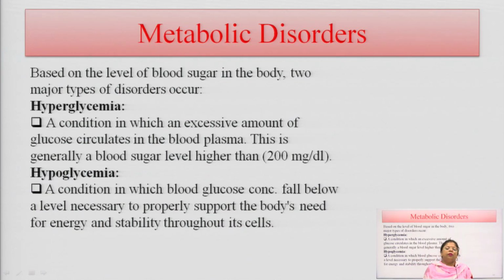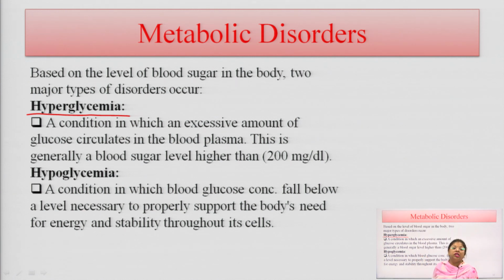And what are the metabolic disorders of this hormonal activity? There are two different metabolic disorders based on the blood sugar level in the body. Two major types of disorders are present here. First is hypoglycemia and the second is hyperglycemia. Hyperglycemia, as the name itself says, what is hyperglycemia?